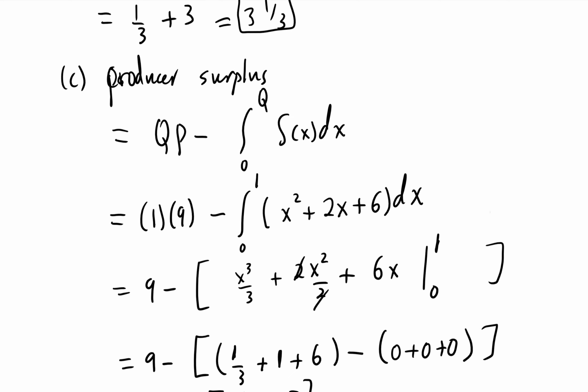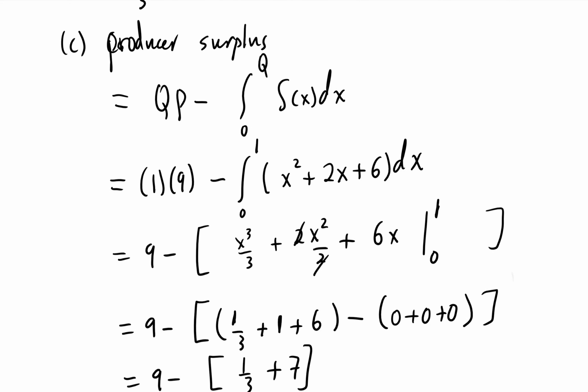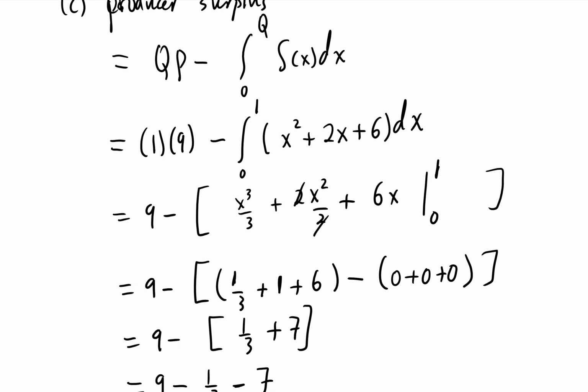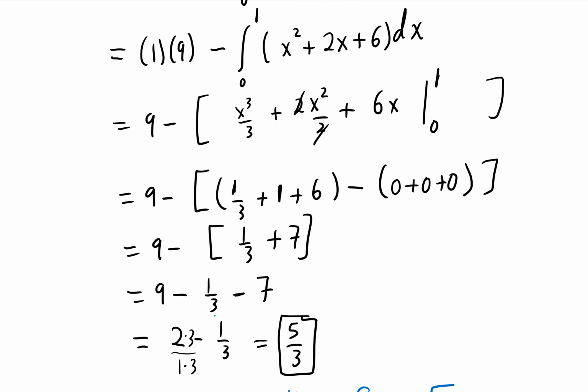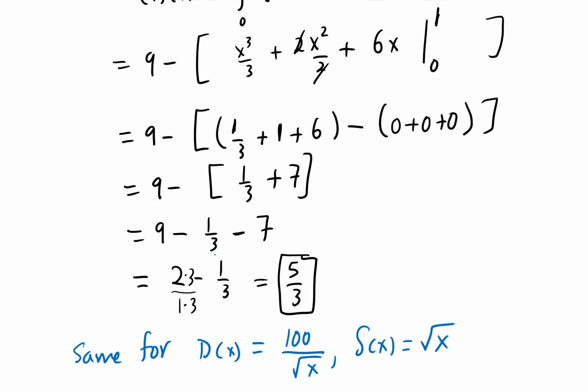Then I found the antiderivative for x squared plus 2x plus 6, evaluate from 0 to 1. So with the calculations, we get 5/3.